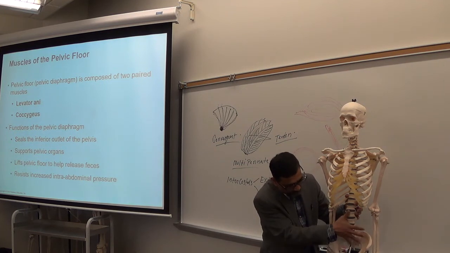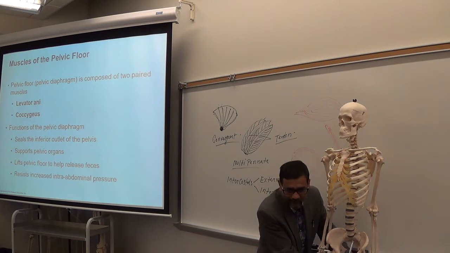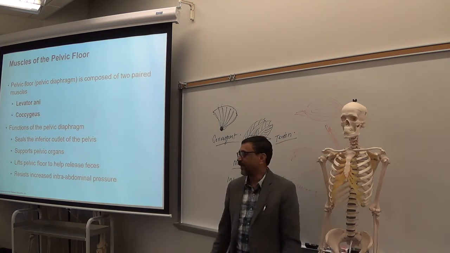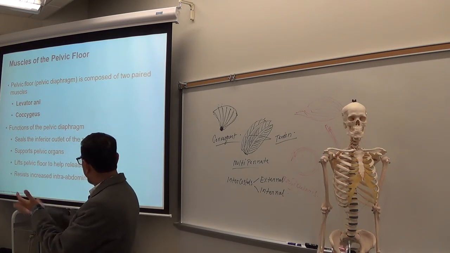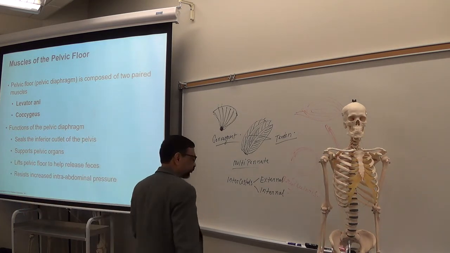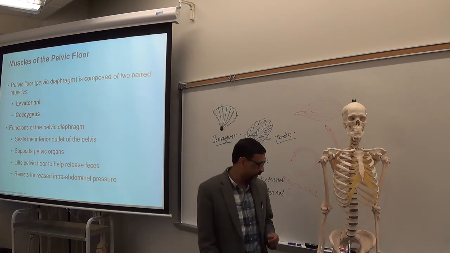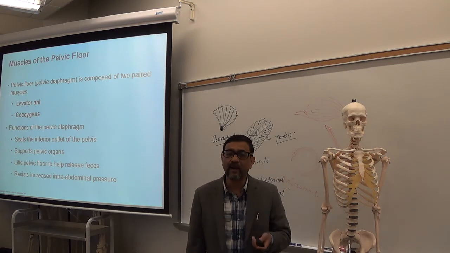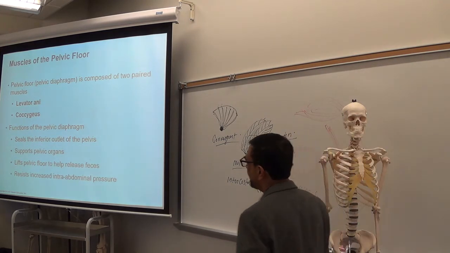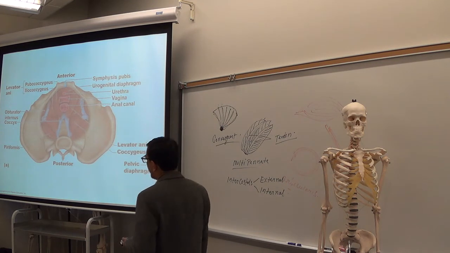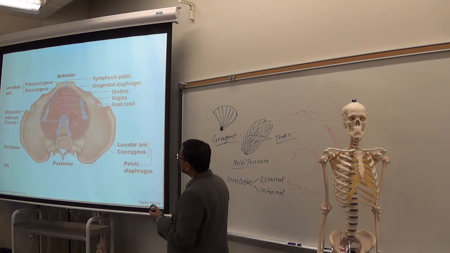So when the pressure increases here, that pelvic floor moves down to minimize that pressure. So it can move up and down. So those are a few important functions of the pelvic floor and how the pelvic floor is formed. Which muscles form the pelvic floor? Those three muscles: levator, coccygeus, and piriformis. Okay.